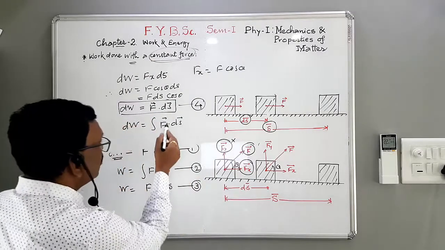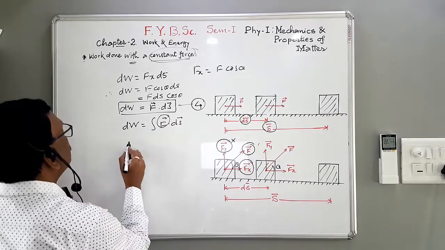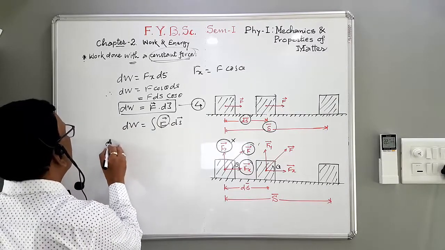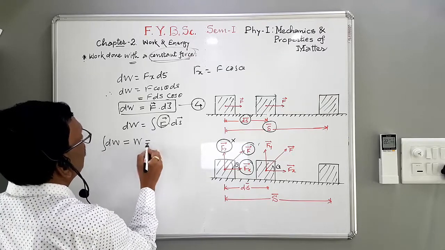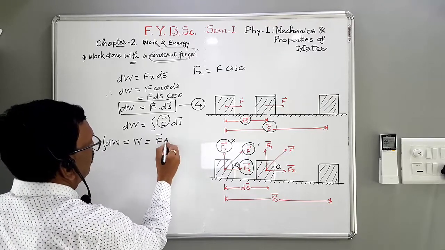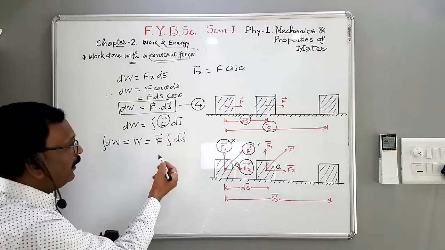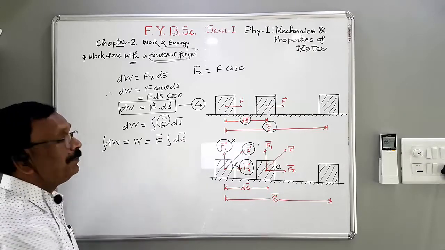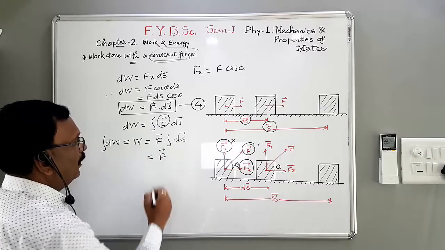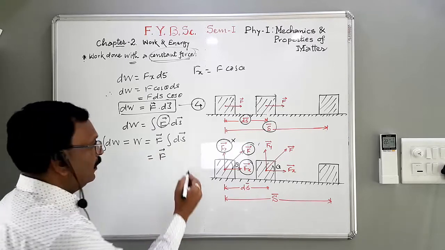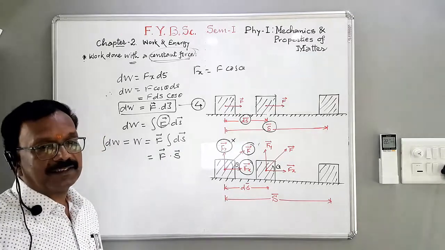So if this force is constant, then here again we can write integral dw is nothing but W, and F into vector ds. आपण हा बाहेर का घेतला वेक्टर F? बिकॉज F हा कॉन्स्टंट असल्यामुळे इंटिग्रेशनच्या बाहेर येईल. Now solve this. We have vector F dot vector s, where S is the integral of ds.